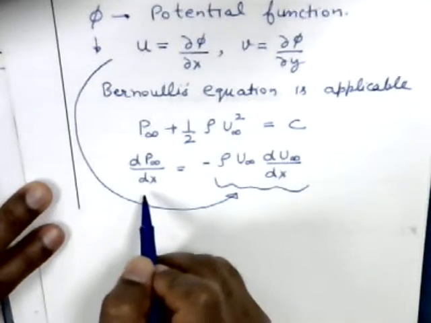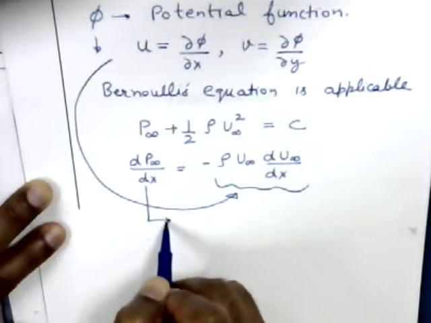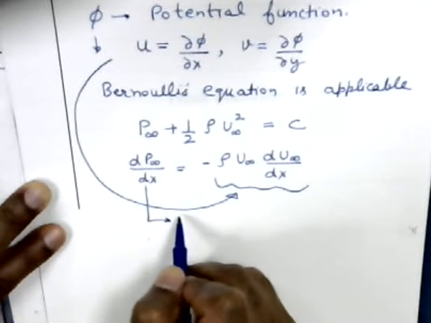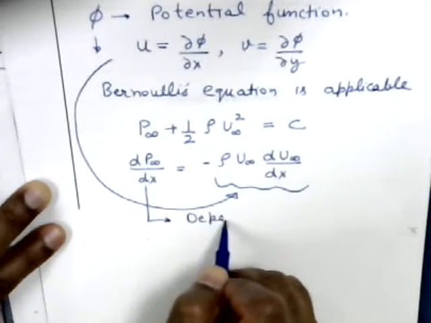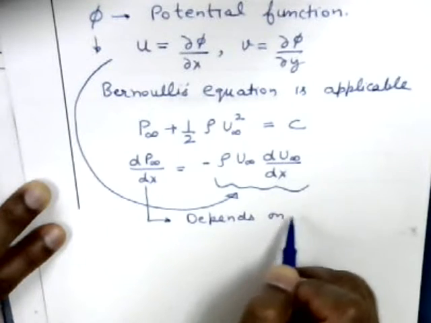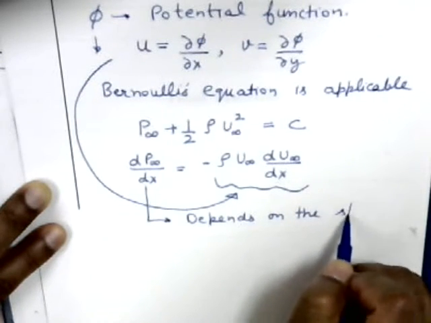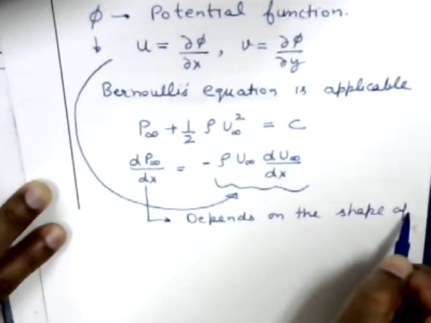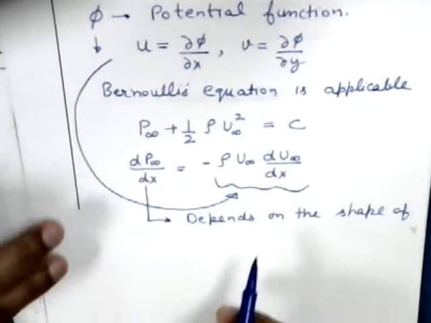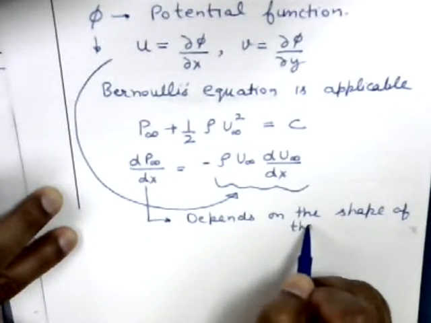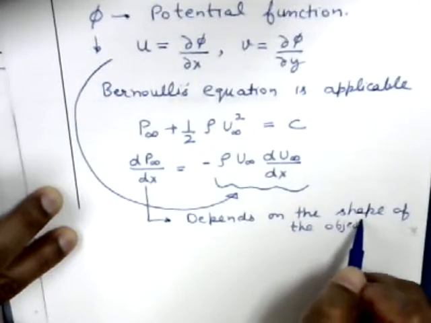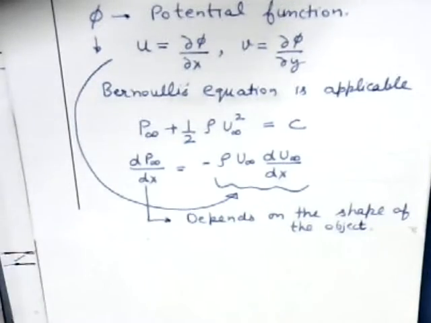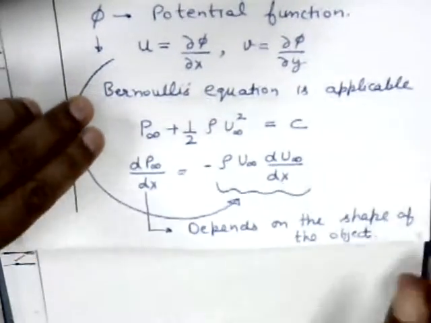And this dp infinity dx, this term depends on the shape of the object. And we can solve for this beforehand. Okay. So now let us look at the boundary layer equations again.